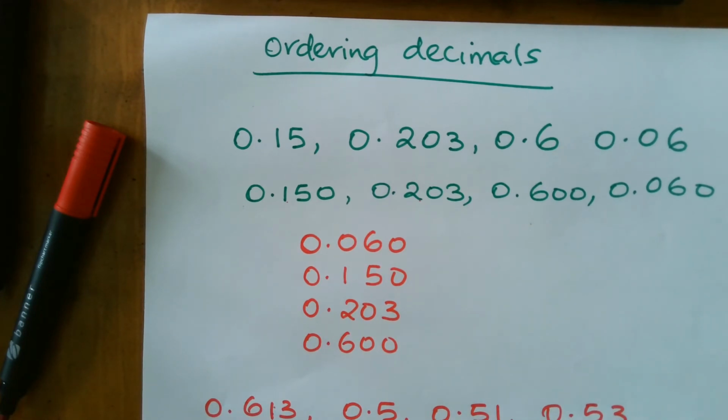So now after the decimals, we've got 6, we've got 5, we've got 5, and we've got 5 here. So we're going to now look at the second digit, to see if they have the same. So we've got 0, we've got 1, we've got 3.